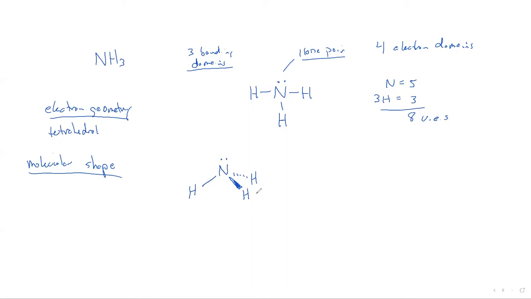Now the shape is trigonal, and it kind of looks like a pyramid. Trigonal pyramidal is the shape of ammonia. Any questions?